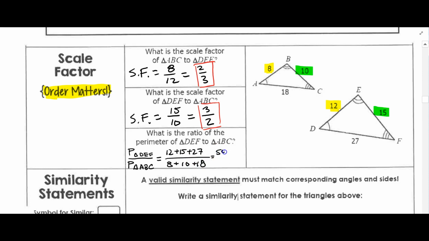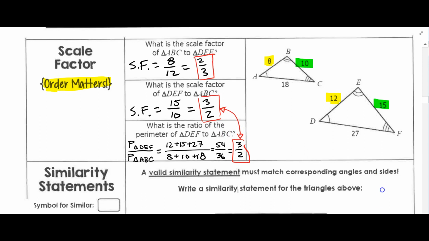And if we add those all up, we get 54 over 36, and if we reduce that, we get 3 to 2. So notice that these are the same. So the ratio of the sides, the scale factor, is the same as the ratio of the perimeters, and that's something that we're going to use later.